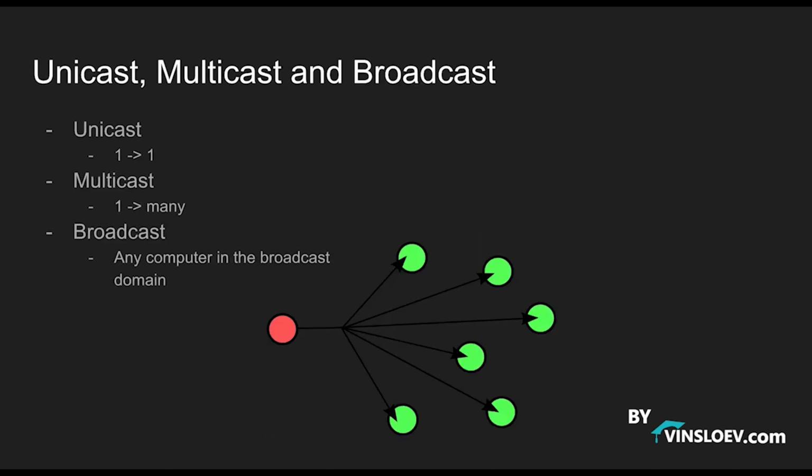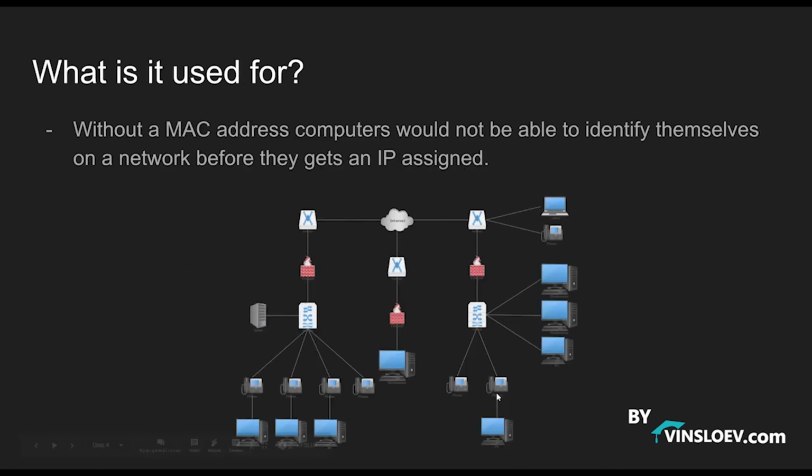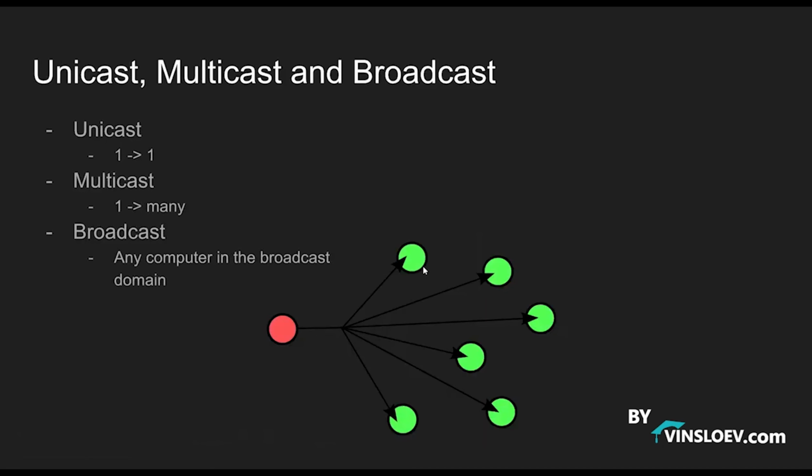Before we jump to the next part, which is switches, routers, and bridges, which will give you a better understanding of a picture like this, where we have switches, we have routers, and we have multiple devices connected, we need to quickly discuss some of the cast types we have. So we have unicast in a network, we have multicast, and we have broadcast.